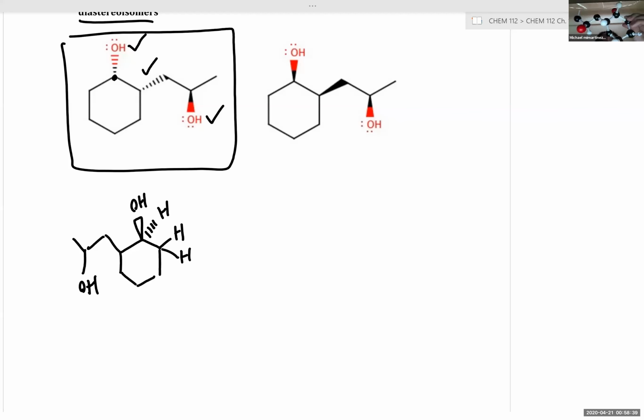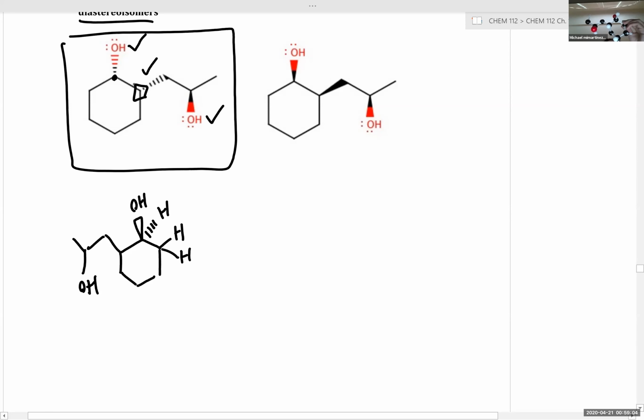So just as a refresher, now we're going to focus on our alkyl chain. Looking at the chiral carbon, is the hydrogen on that chiral carbon for our alkyl chain pointing towards or away from us?